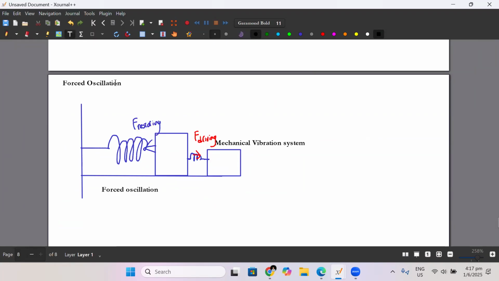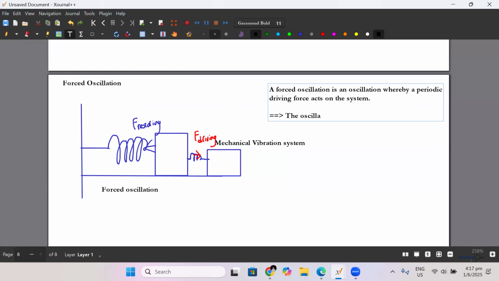Okay, so take note, a forced oscillation is defined as an oscillation whereby a periodic driving force acts on the system. Then you must remember, whenever this occurs, the oscillation will vibrate at the driving frequency.